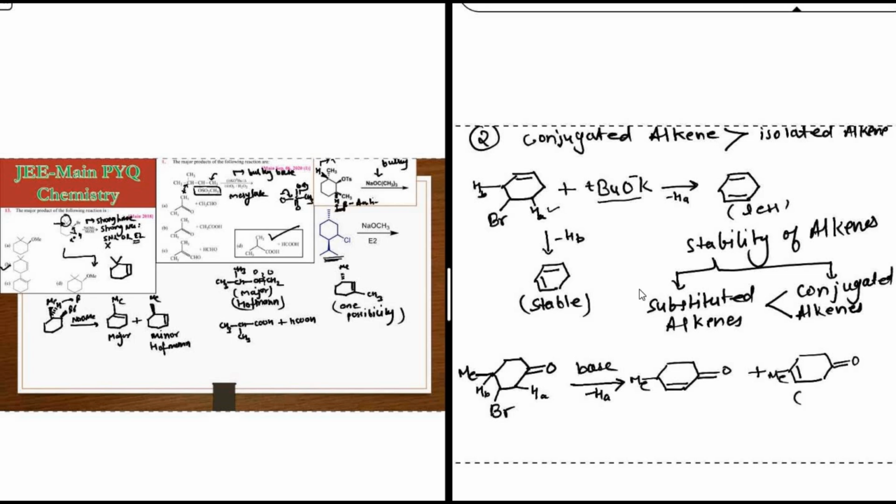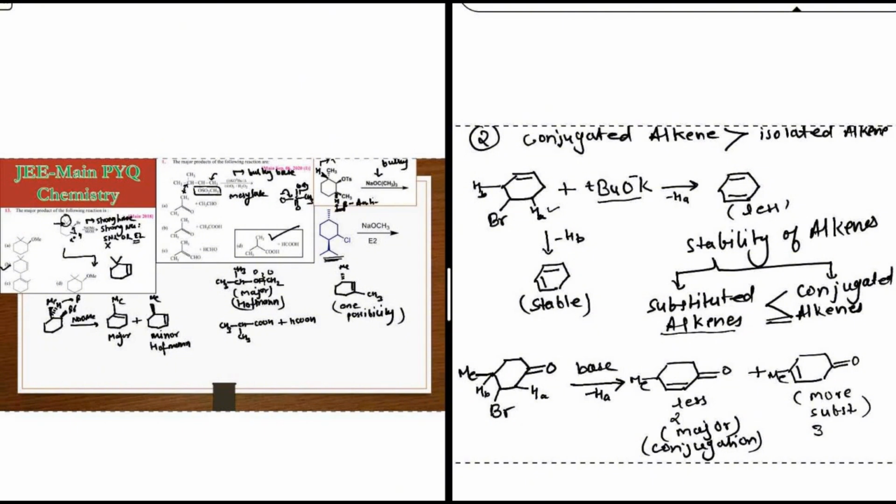This is more substituted and this is less substituted. This one is trisubstituted, this is trisubstituted, and this is disubstituted. So which one will be major? The major will be this one, because here the double bond is in conjugation. So remember that whenever you can bring the double bond into conjugation with something, then that will be the major product, because conjugation dominates over substitution.